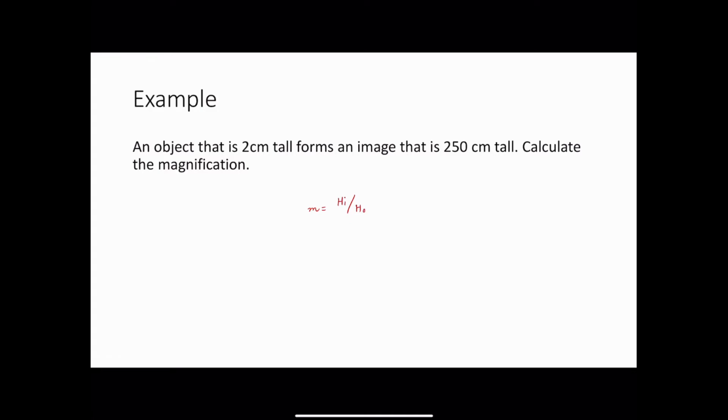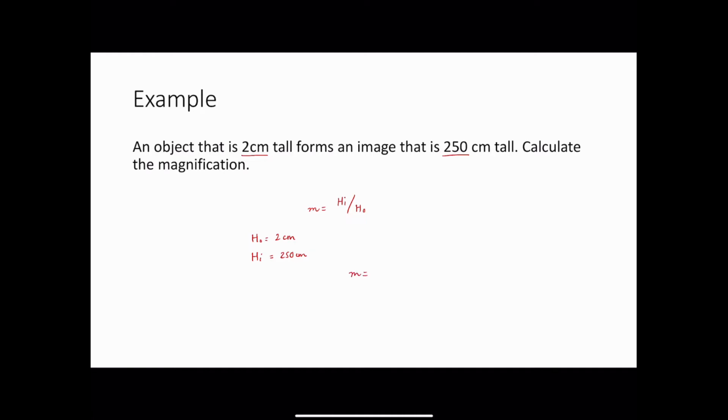And then I'm going to check the question to make sure that I have everything that I need and that they're in the same unit. So I'm being told that the object height, HO, is equal to 2 centimeters. And I'm being told that the image height, HI, is 250 centimeters. Those are both in the same unit, so I am free to put those into my equation.